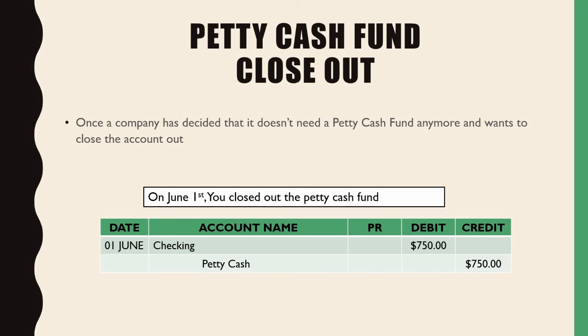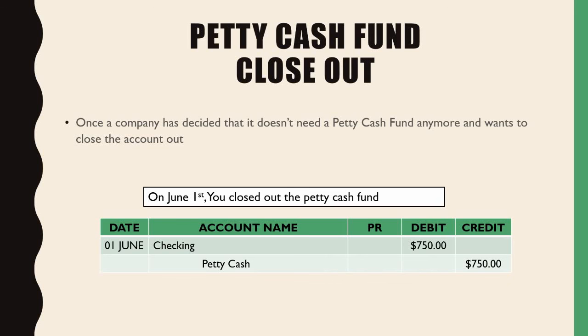Pretty straightforward. You're going to credit the petty cash fund, and obviously you're going to take that money and either dump it into your checking account, or just have it on hand in cash. Of course, that's also dangerous to do, right? You never want to be walking around with a bunch of cash and leave without reporting it.